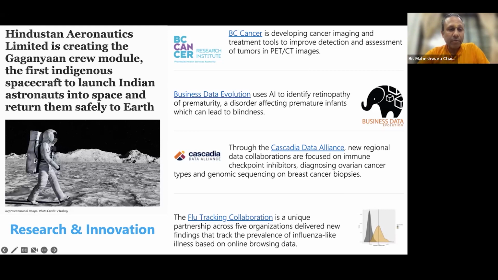Or it will help the doctors to understand the status of the patient. So business data evolution uses AI to identify retinopathy, prematurity, a disorder affecting premature infants, which can lead to blindness. And you see the third one, Cascadia Data Alliance, a regional data collaboration that focused on immune checkpoint inhibitors.